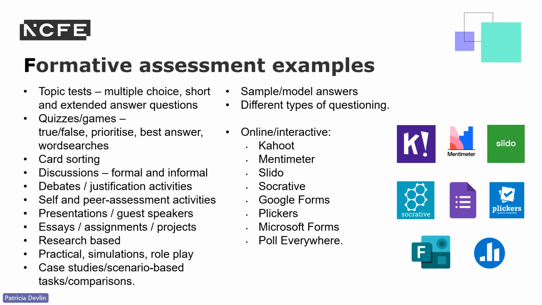I'm going to mention Plickers because I really like Plickers. So Plickers is an online interactive sort of questioning tool. So what you can do is you go onto the website, you create your questions, you put your learners' names in, and each learner gets a QR code which they can stick onto a folder or on their books. And what you can do is at the start of each session, you could ask them a question.